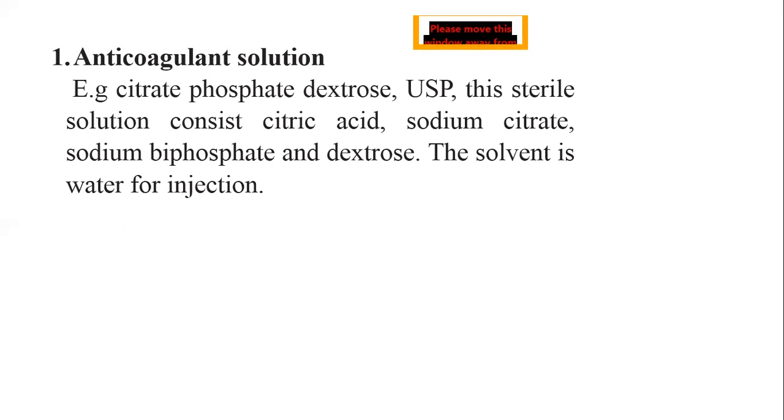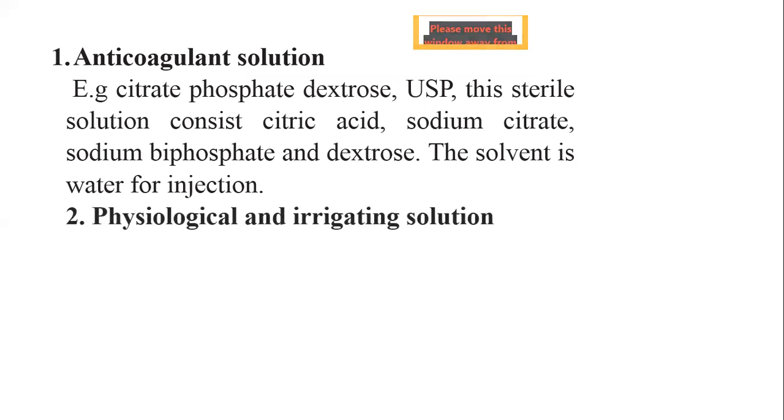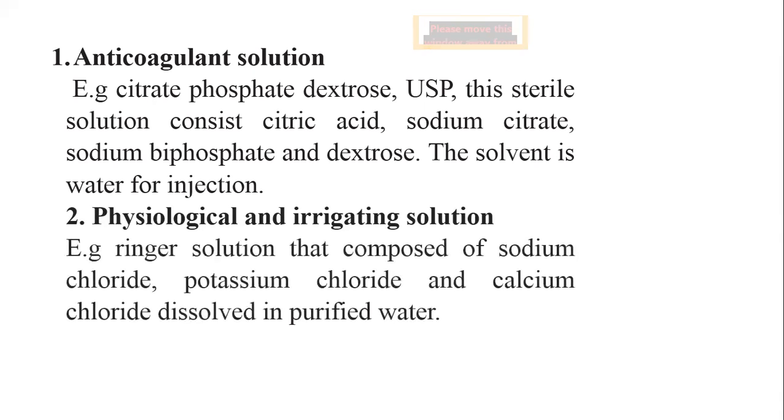This sterile solution consists of citric acid, sodium citrate, sodium biphosphate, and dextrose. The solvent is water for injection. For physiological and irrigating solutions, for example, we have Ringer solution, composed of sodium chloride, potassium chloride, and calcium chloride dissolved in purified water.